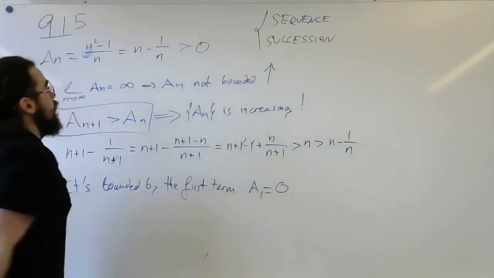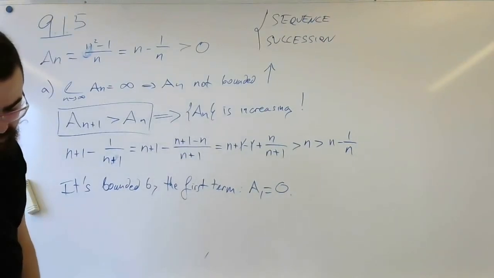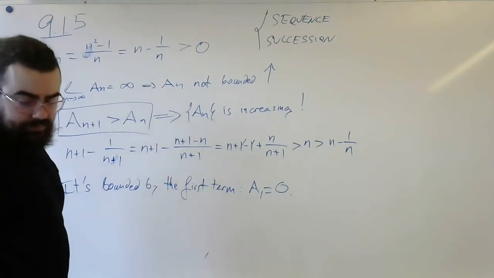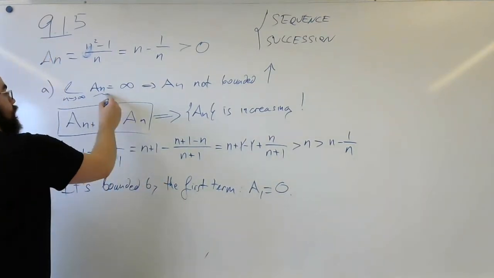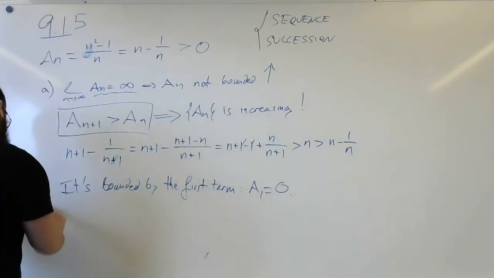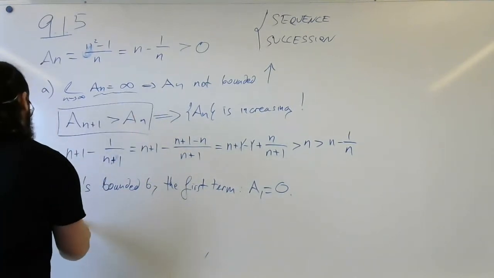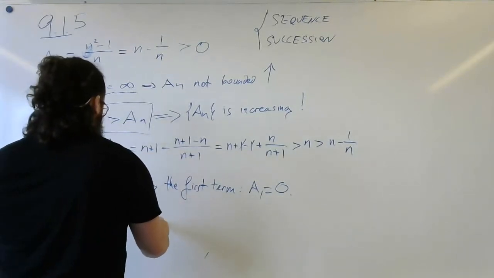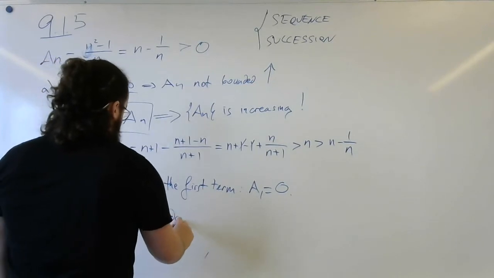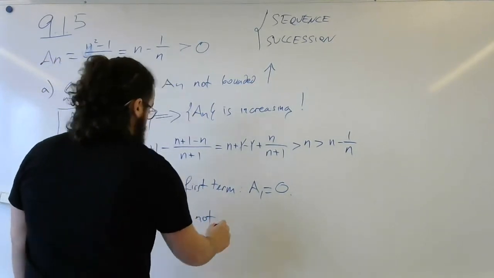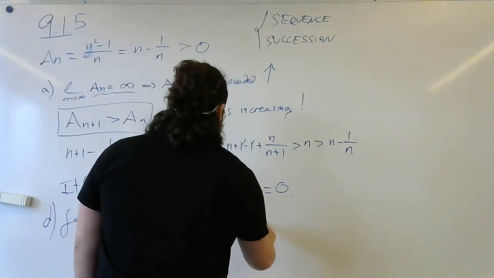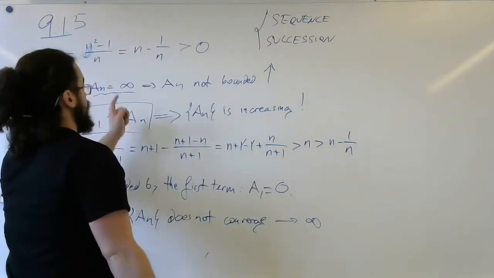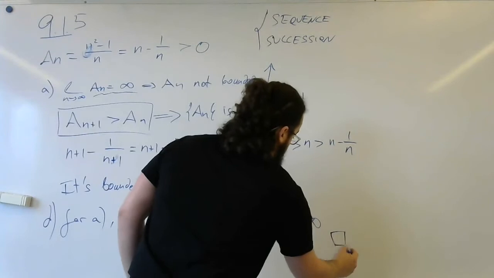Each of these terms is greater than 0, so the succession is positive, and convergent, divergent, or oscillating, the answer is that a_n does not converge. And that will be it.